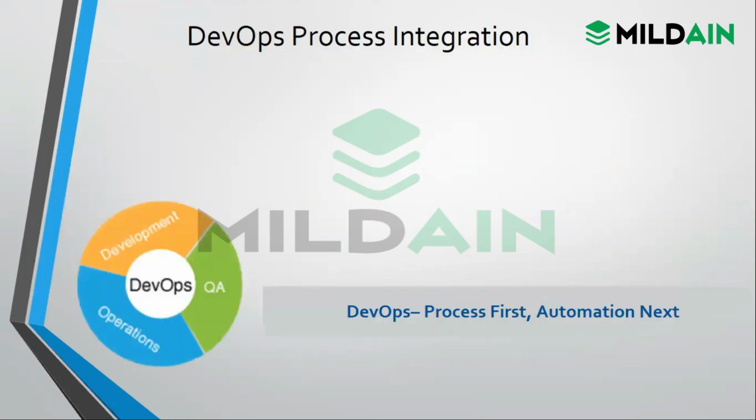So now comes DevOps. DevOps is process first and then automation next. Why do we say process first? Because when we apply DevOps, dev and ops are working in total collaboration with each other.